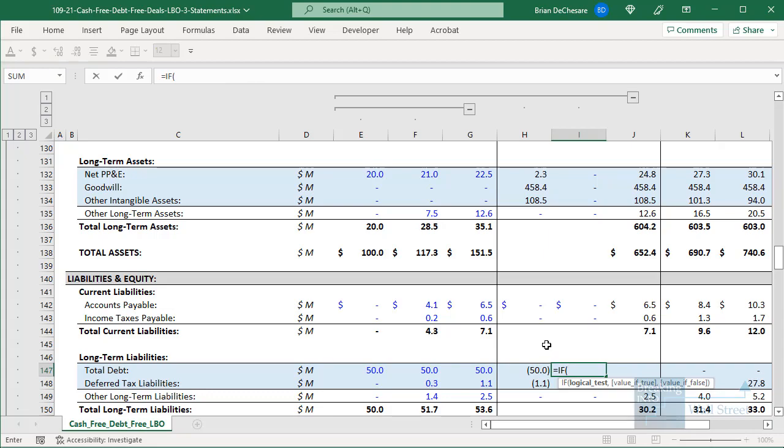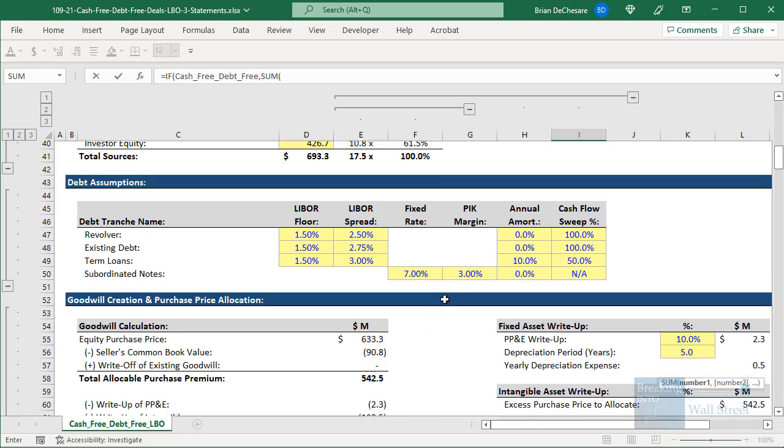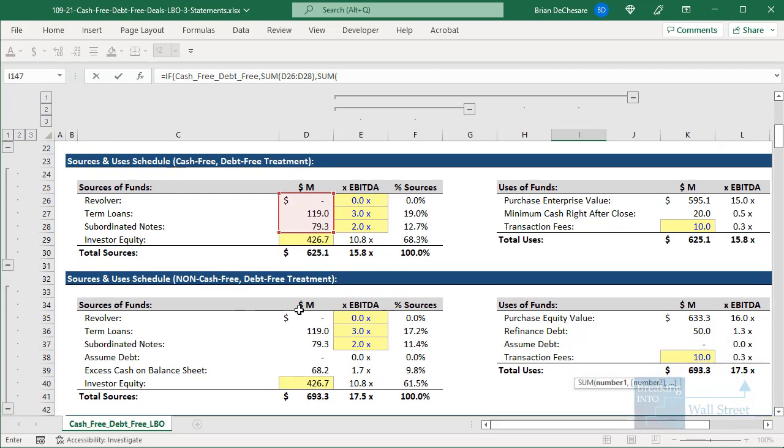For this next line in the credit column, we're going to do another check for cash-free, debt-free. If it is, then we link to the total amount of new debt used right here, the sum of D26 to D28. Otherwise, we'll go down here and link to the sum of D35 to D37, the brand new debt that is being put in place.